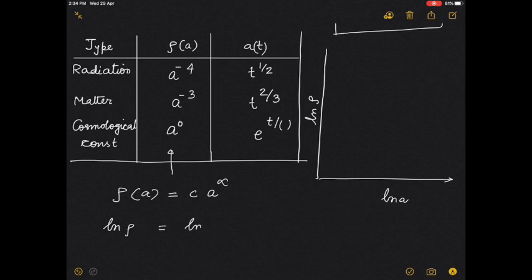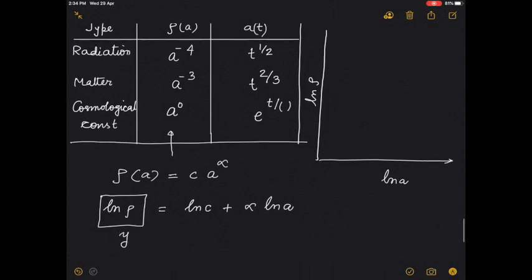If I take ln of rho, then that becomes ln of c plus alpha times ln of a. So you see, if I plot ln of rho as y, and ln of a as x, this is essentially looking like a line, y equals mx plus c.